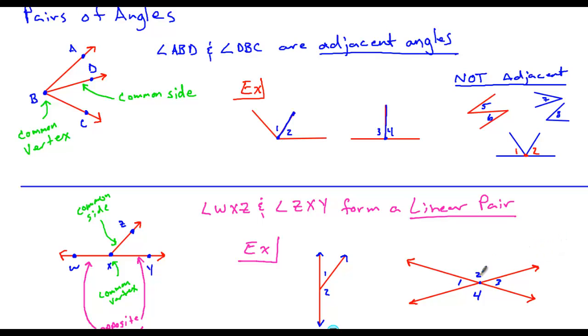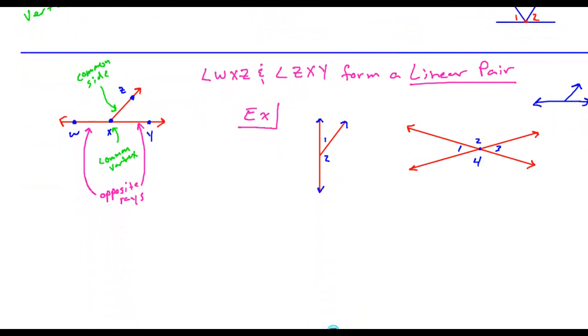So angle 1 and angle 2 form a linear pair. Well, angle 2 and angle 3 do it, angle 3 and angle 4 do it, and then angle 1 and angle 4 also do it. So there's a lot of linear pairs in this picture. So just be aware that you're not always going to see just a line like this and then a little thing coming off. You're going to have to kind of look for these in the problems we do.